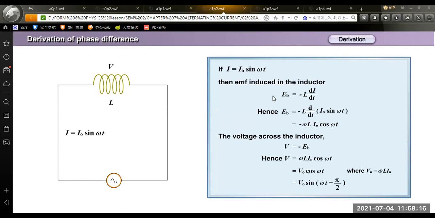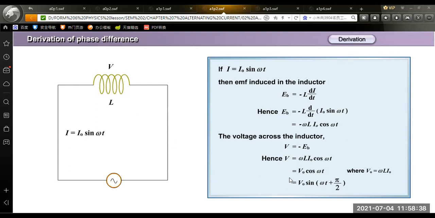Hence, the EMF induced in the solenoid is equal to negative omega L I naught cos omega t, where the voltage V is equal to the EMF, or the potential difference across the solenoid.